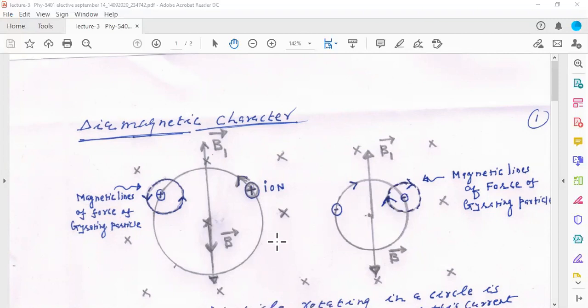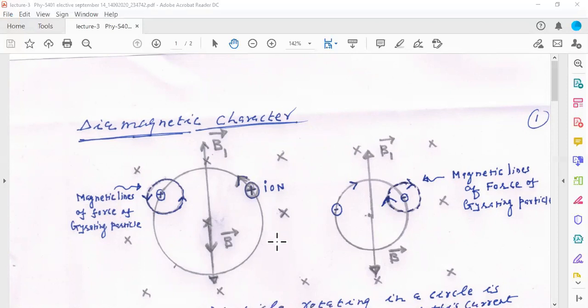Fine. Today we want to understand the diamagnetic character of the gyrating particle. That is our objective, to understand that the particles of plasma have diamagnetic character.